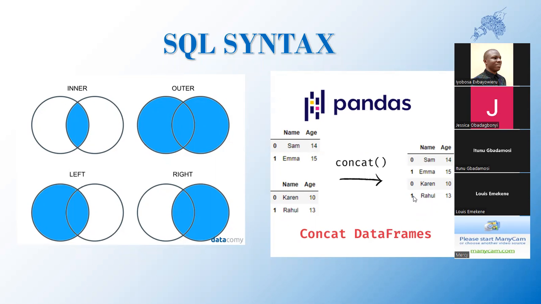It's quite similar here: you can reference a value using the column name and the index. If you use the column name and index 1, you will have a conflict, because 1 represents Iman and 1 also represents Rahul. So it's always advisable to reset the index after doing some concatenation. So that's basically it for that.